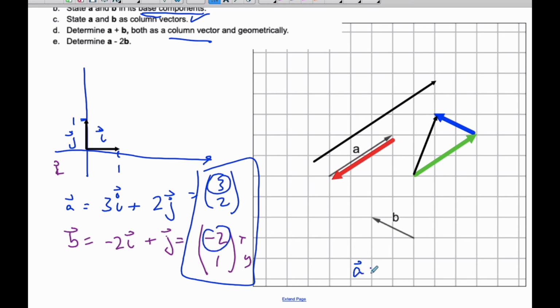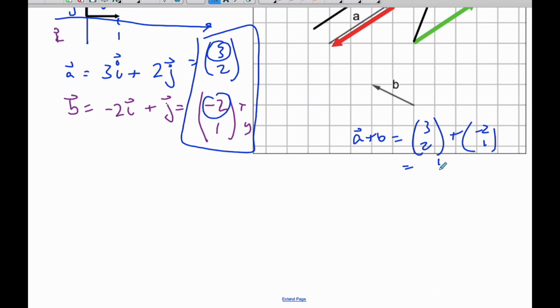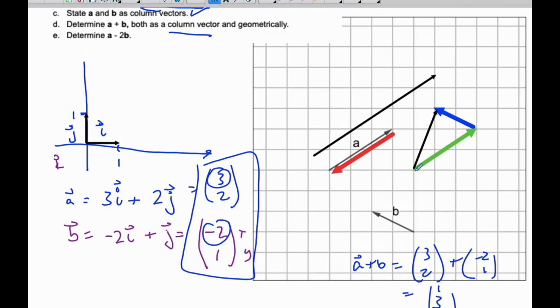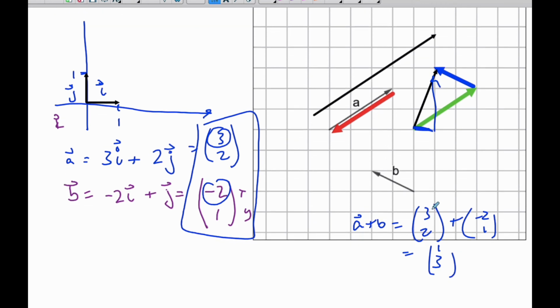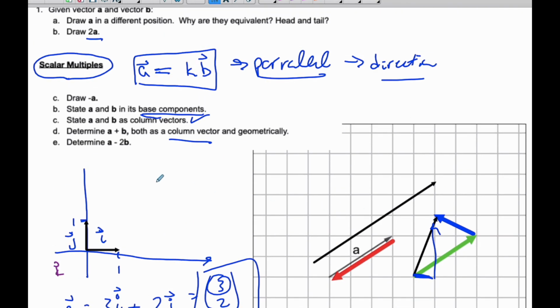So A plus B is simply going to be 3, 2 plus negative 2, 1. And when I add them, I get 1 and 3 as my vector. And if you look here carefully, x is 1, y is 3. It's the same as adding the x components and adding the y components to get my column vector.